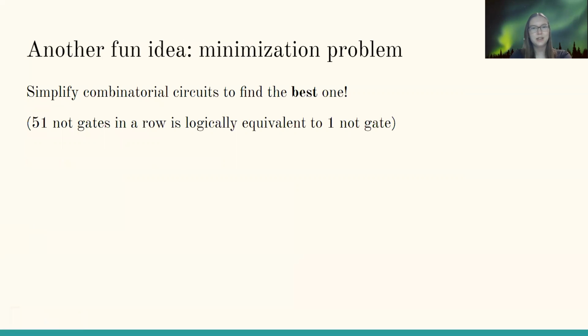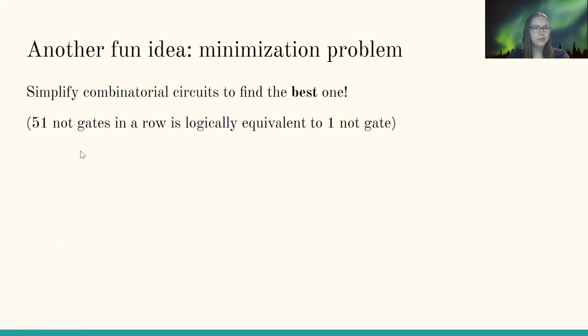So we have this idea of a minimization problem, which is simplifying combinatorial circuits to find the best one. And we can follow this set of rules that's laid out in the book and do it by simplifying the Boolean expression. And it makes the circuit better.